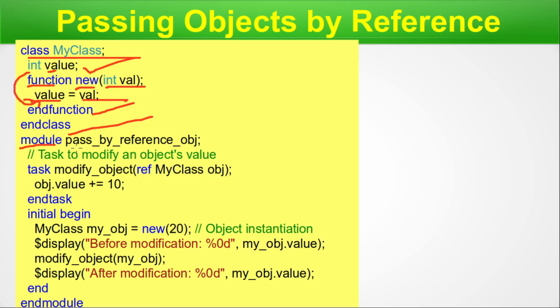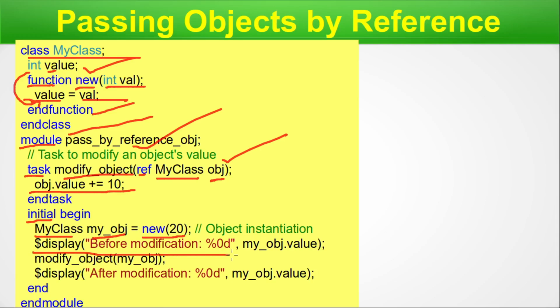The module is named pass by reference object. The task is to modify the object, and by reference we are passing my class and then object. So the reference of this object will go inside this particular task. Here we increase it by 10, the object dot value. Next we have the initial block. In that I have my class, my object, and a new instantiation with value 20.